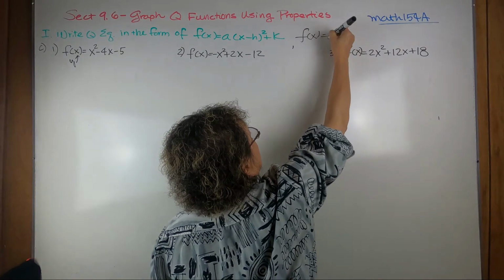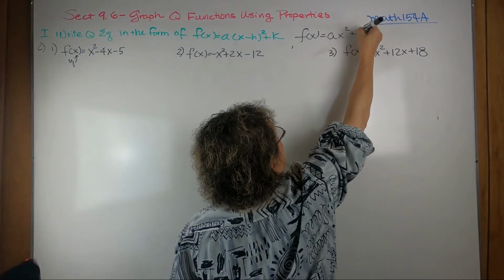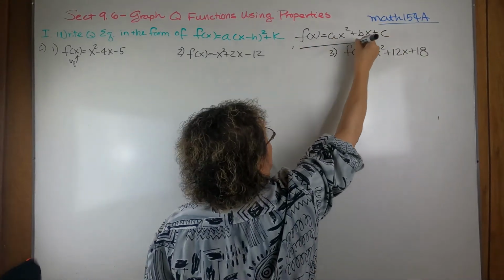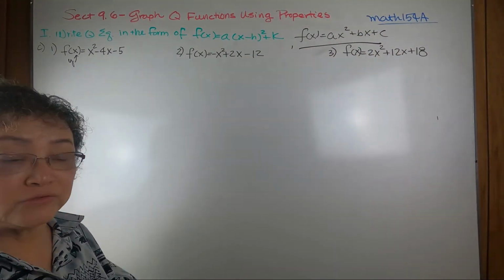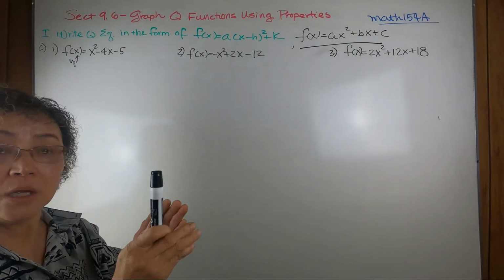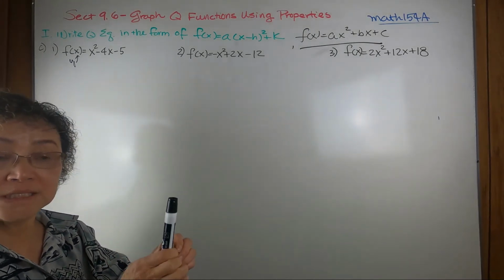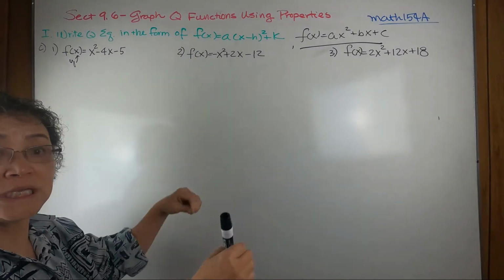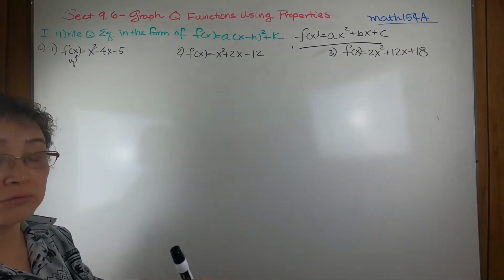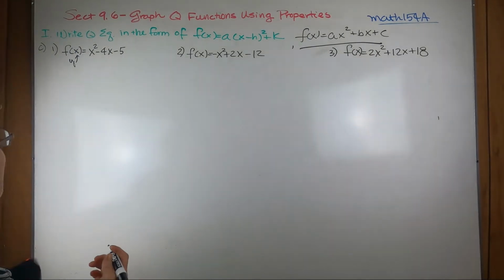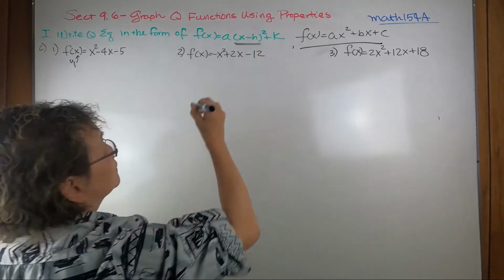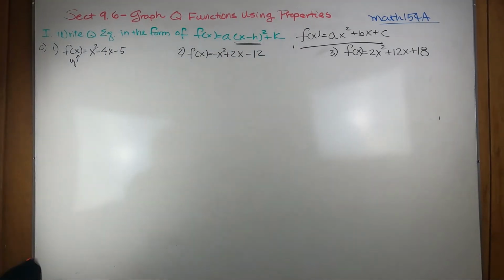But those are in f of x equals ax squared plus bx plus c, in standard form. But we need a vertex form so we know where the vertex is, so we can do our t-table with 2 sides, symmetrical, right? So we have to complete the square first, have something squared, right?